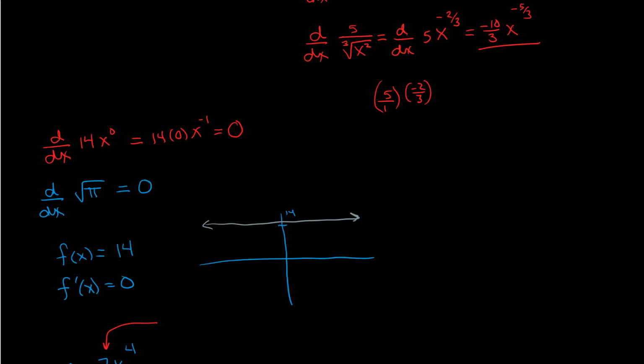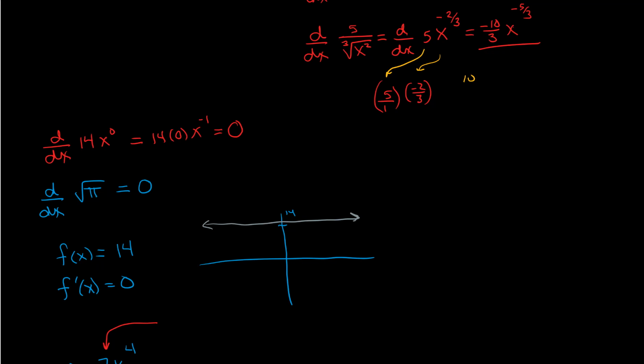Okay. Then to take the derivative of this, we're going to take the 5 times the exponent, the negative 2/3. And remember, 5 is the same thing as 5 over 1. When you multiply these, 5 times the negative 2 is a negative 10. 1 times 3 is 3. Oh, there's our coefficient.